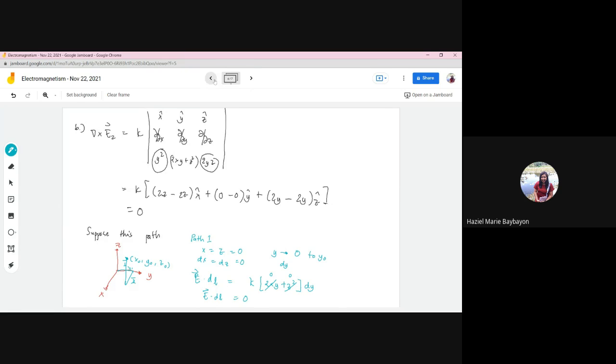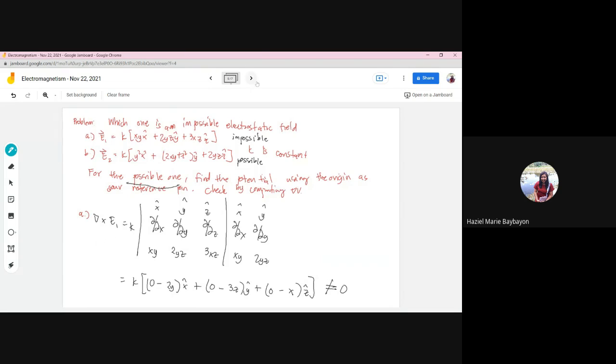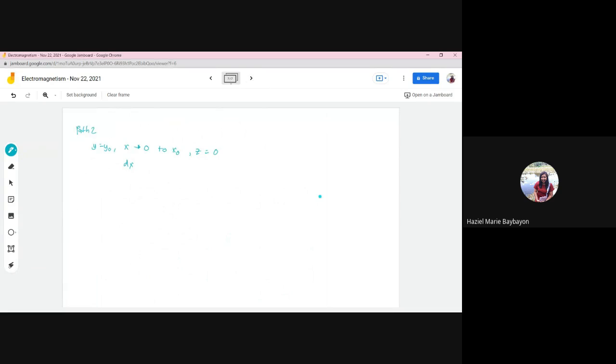So from our function, the x component is y squared. Okay. So we have E dot dl is equal to y squared multiplied by dx. And then integrating this, take note that y is equal to y naught. So we can write the integral of E dot dl from 0 to x naught as the integral of y naught squared.